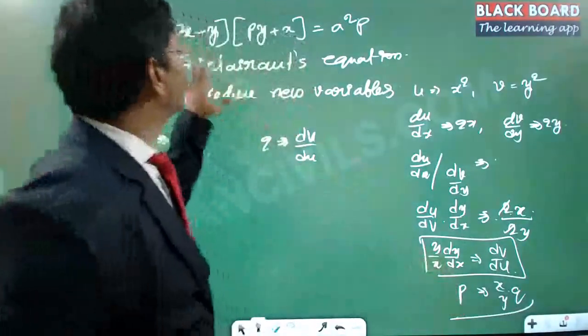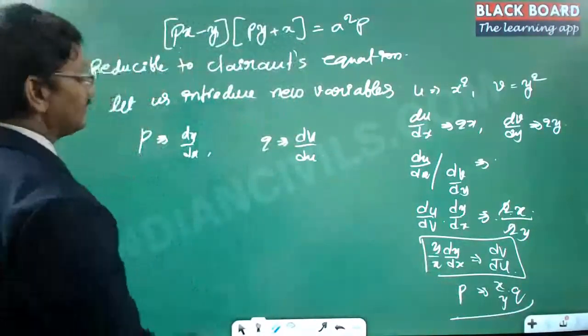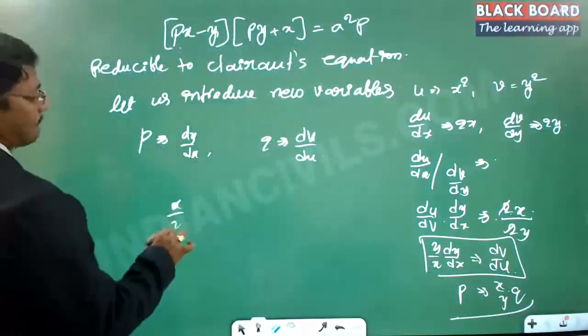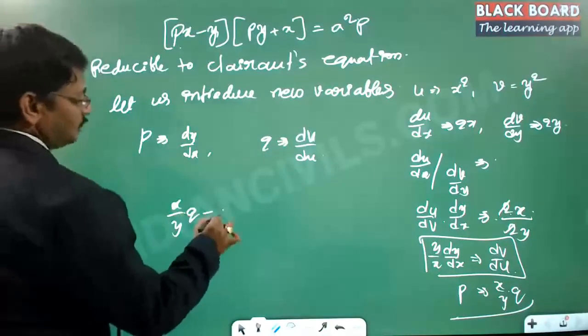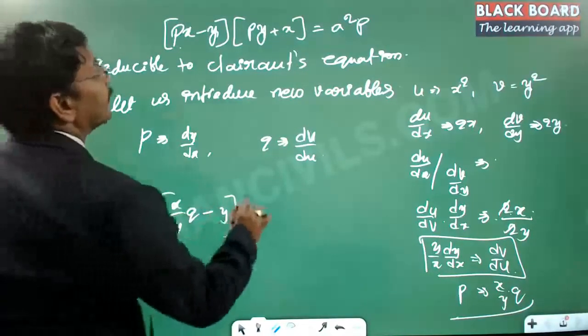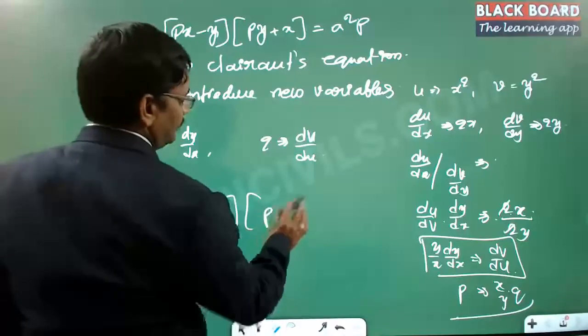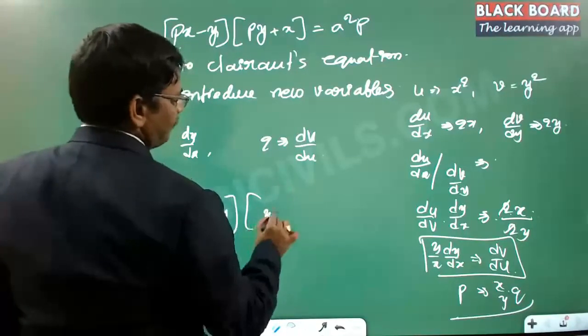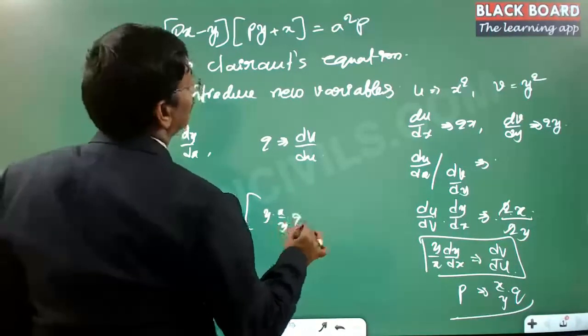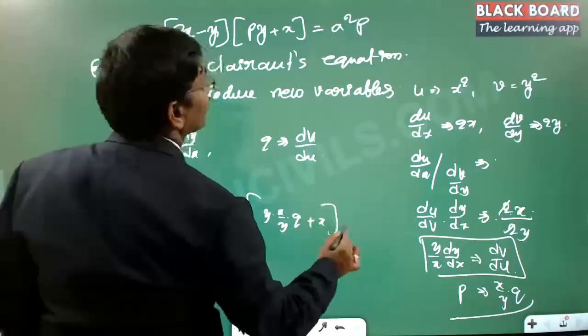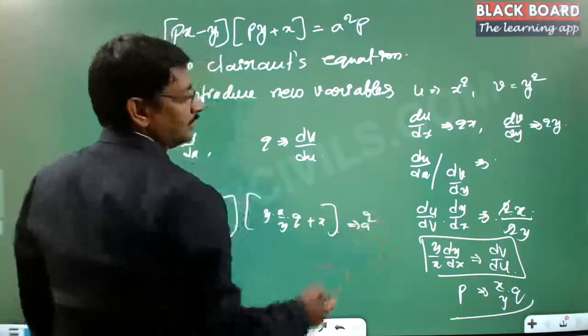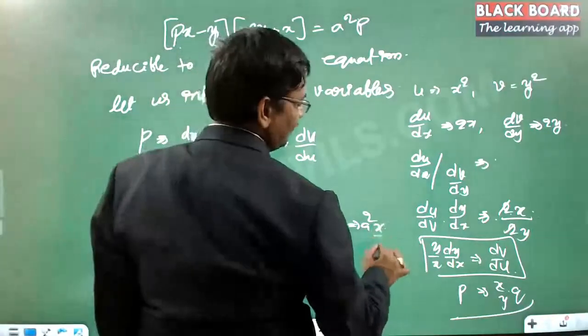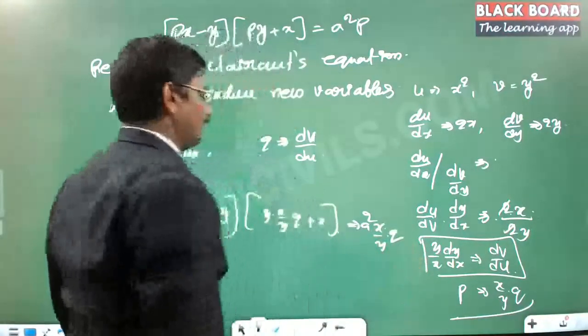This relation you can replace wherever p is there. So (px - y)(py + x) = a²p becomes ((x/y)q·x - y)((x/y)q·y + x) = a²(x/y)q.